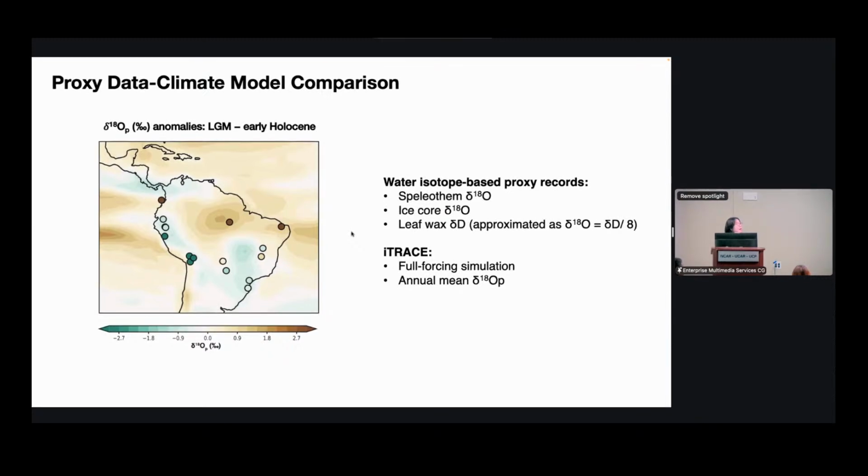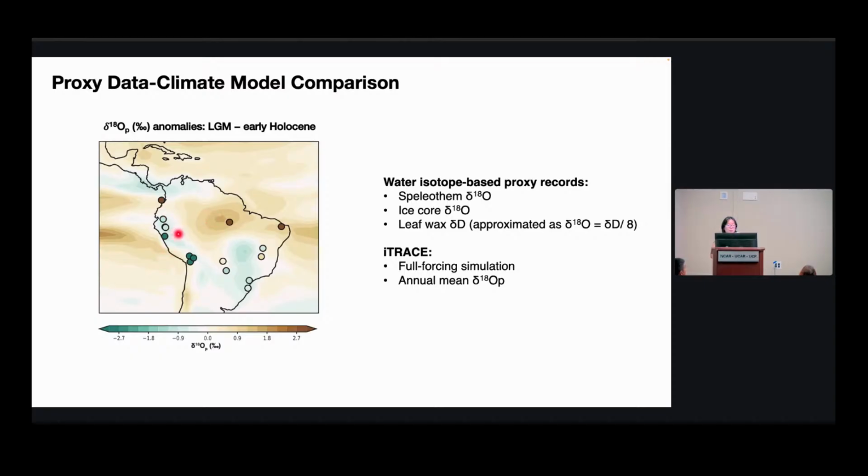Okay, so let's look at the data-model comparison first. The background shading represents the mean annual delta 18O anomalies during LGM relative to early Holocene. Clearly, there is an east-west dipole.